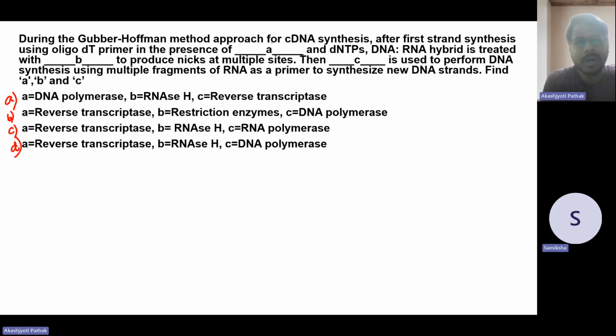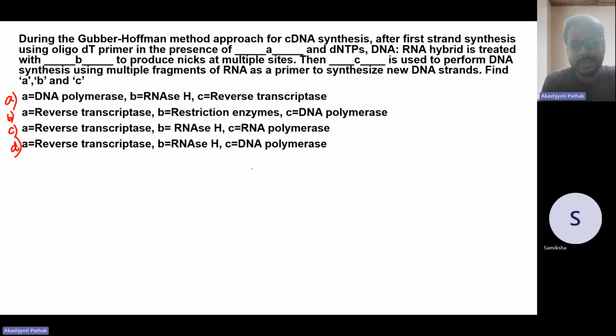So how do you synthesize cDNA? Do you know what is complementary DNA? No, that is not complementary DNA.